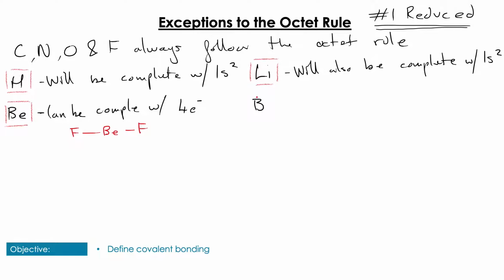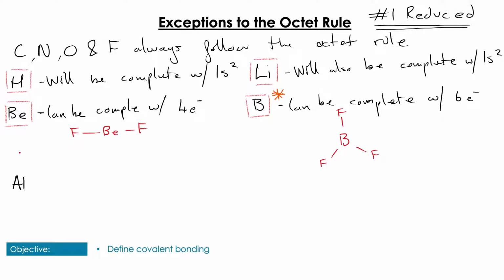Another common reduced octet violator is boron, which has 3 electrons in the outer shell to begin with, and will also be quite complacent with just 3 bonds or 6 electrons in the outer shell, just like in BF3 or BH3, and boron is actually a really common one that's used in questions in exams, so watch out for that one.